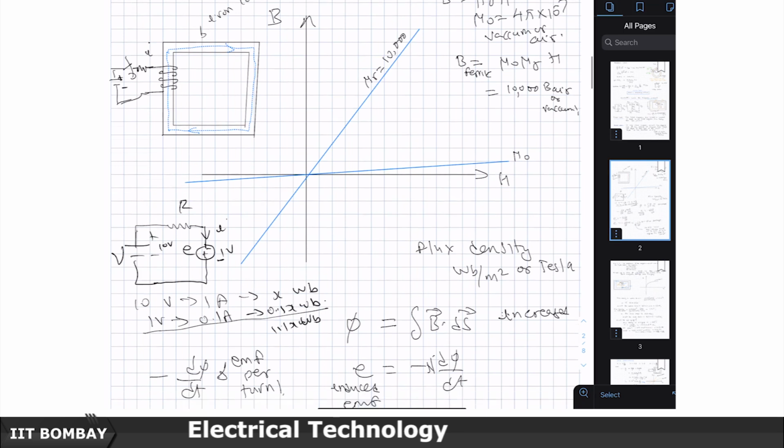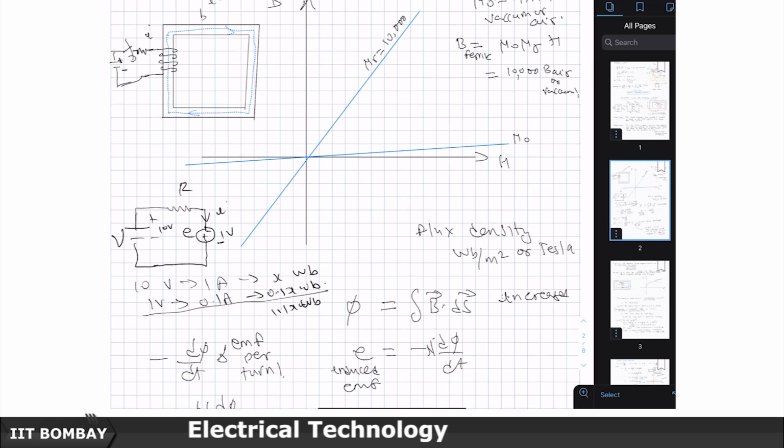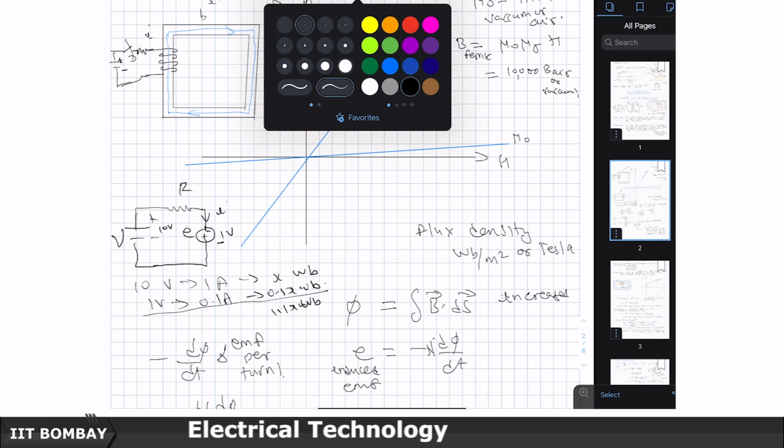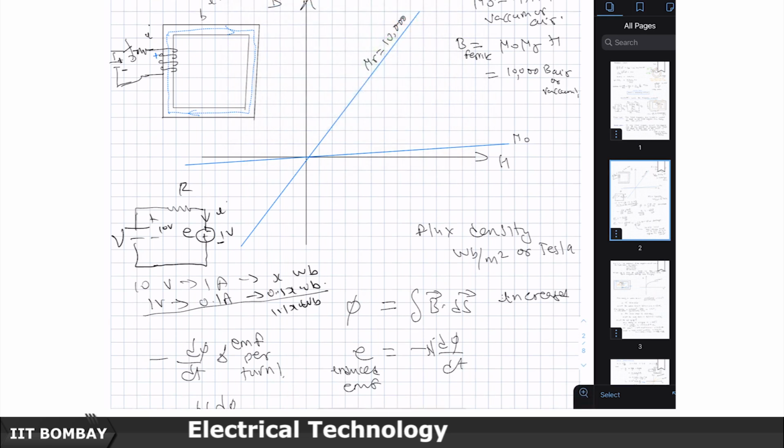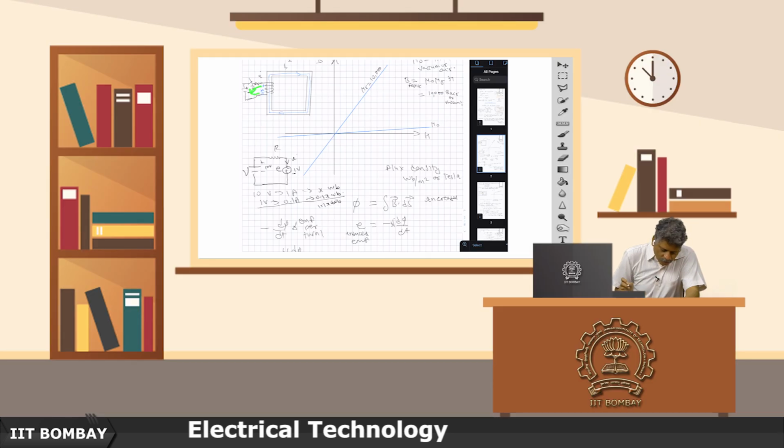But now suppose instead I directly mark plus and minus E like this here. So, if I mark plus and minus E like this here, then what is going to happen? It means that this induced EMF which is going to be set up is going to cause a current which will try to flow in this particular opposite way, that is, it will try to cancel this particular rate of change, that is the current which is trying to be forced by the applied source.